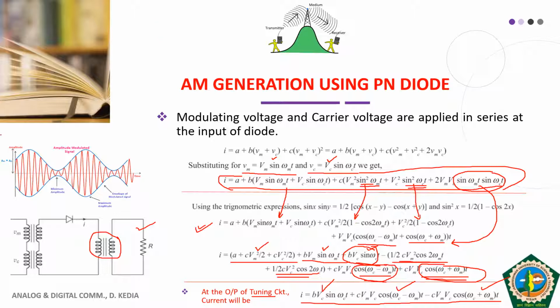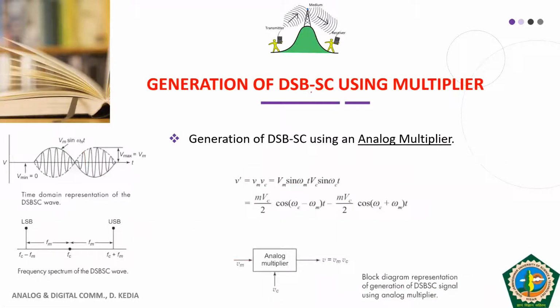Fine. So now let us move forward. After we have completed our discussion on double sideband full carrier, now we move to another form of amplitude modulation, that is double sideband suppressed carrier.